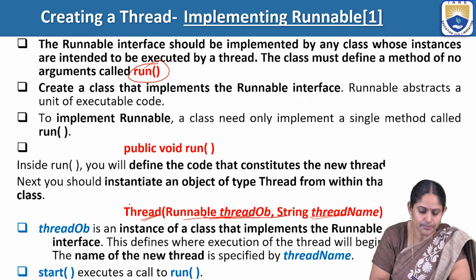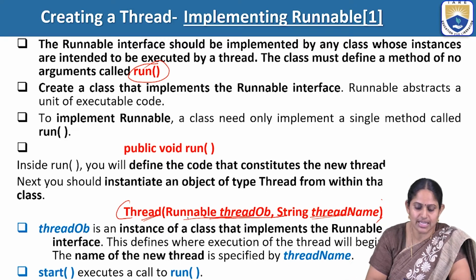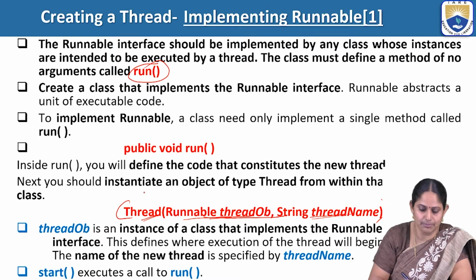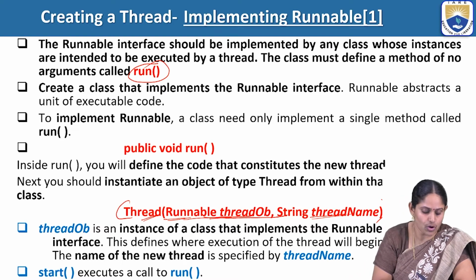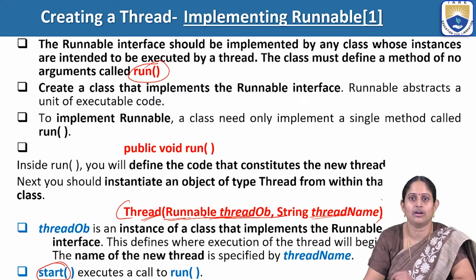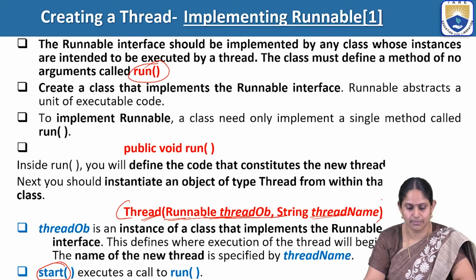So if we want to create a thread using the Runnable interface, we have to create it using this structure. Once we create the thread, we have to call the start method on that thread, so that it will execute the run method and it will start working.